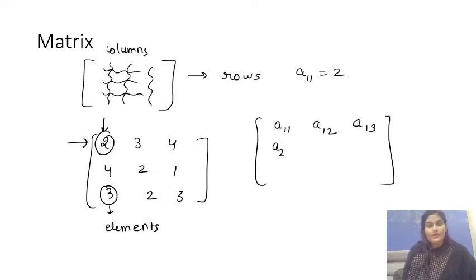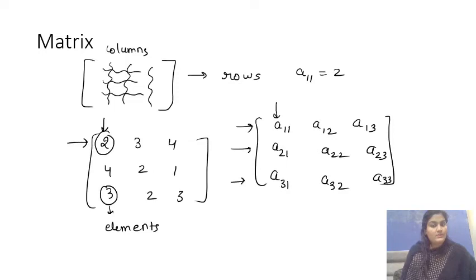Thereafter 21, 22, 23, that means second row, first column, right? Then 3-1 is third row first column, 3-2, 3-3. So you will see that here there are 3 rows and 3 columns, so the order is 3 by 3. Order represents the number of elements, how many in rows and how many in columns. Okay. So this is a matrix.